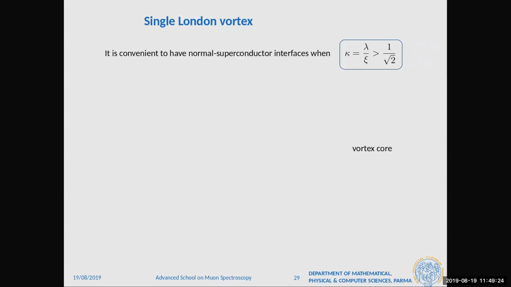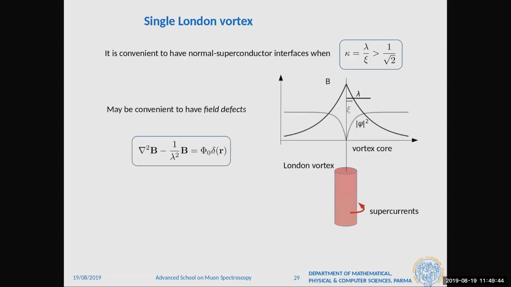So it is convenient to have a normal superconductor interface when kappa, which is the dimensionless ratio of these two parameters, these two length scales, is greater than 1 over square root 2. And if that happens, you could have, for instance, field effects inside the sample. Imagine that you have one very strong field line that penetrates inside the sample.